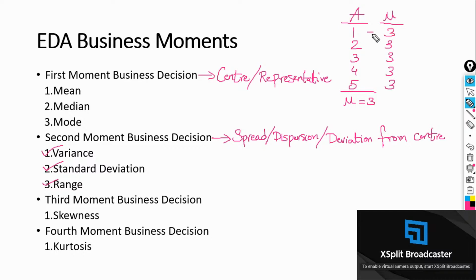I'll just go with minus. It is nothing but minus 2 units. Okay, the same I'll do for the second subject, 2 minus 3, it will be minus 1. 3 minus 3, 0. 4 minus 3, it will be 1. And 5 minus 3, nothing but 2.